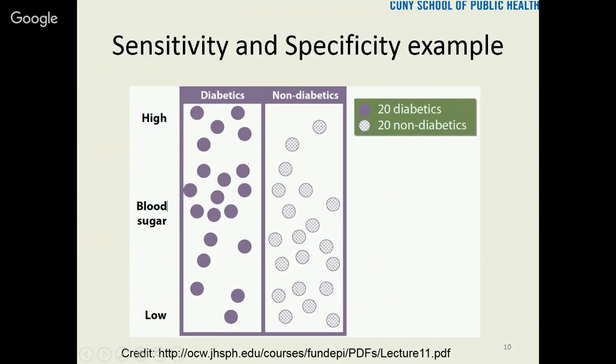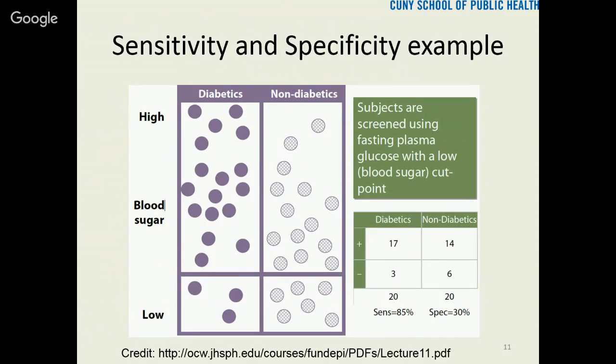So the key thing is that our measurement here is continuous. It's not just giving us a yes, no, you have diabetes or you don't. That depends on a threshold that you set. And you could set your threshold anywhere in here, depending on what your objectives are. You could set a low threshold.